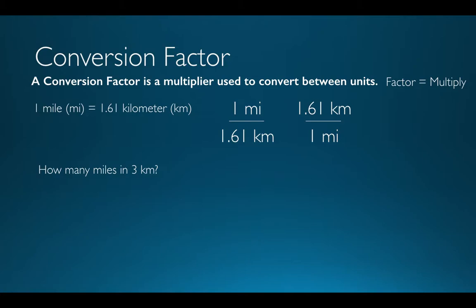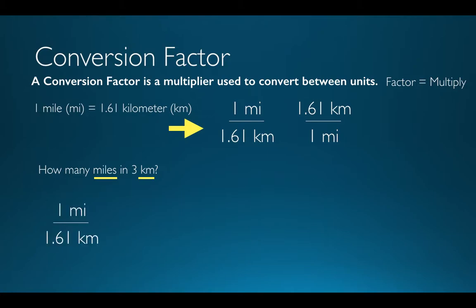So I'm going to look at my two ratios and figure out which one to use. I'm trying to find miles to kilometers, so I want the ratio that is set up as miles to kilometers. Well, that's going to be the first one, 1 mile to 1.61 kilometers.